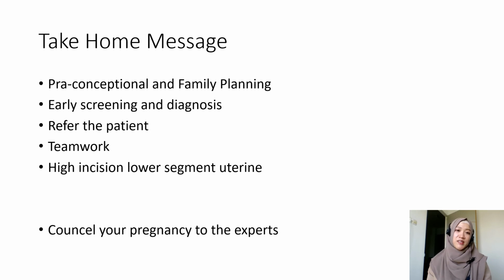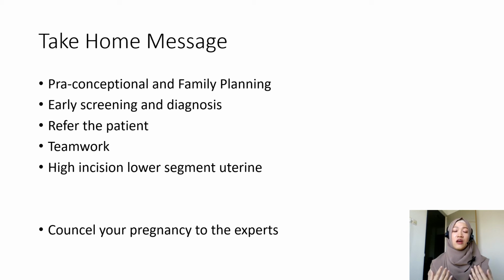The take-home message here is that preconceptional and family planning are really important. Before you are expecting, if you have the risk factors that were listed before, it's better for you to see your obstetrician and consult the expert before pregnancy. And early screening and diagnosis can be done by using the transvaginal USG, using the imaginary line divided into 4 quadrants like we talked about before.